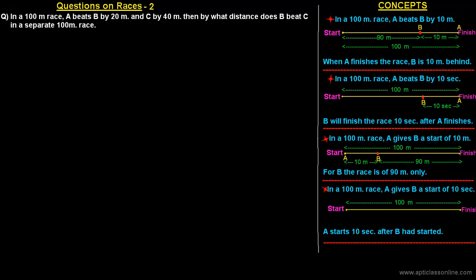So let's solve this example. First, read this example. In a 100-meter race, A beats B by 20 meter and C by 40 meter. Then by what distance does B beat C in a separate 100-meter race?